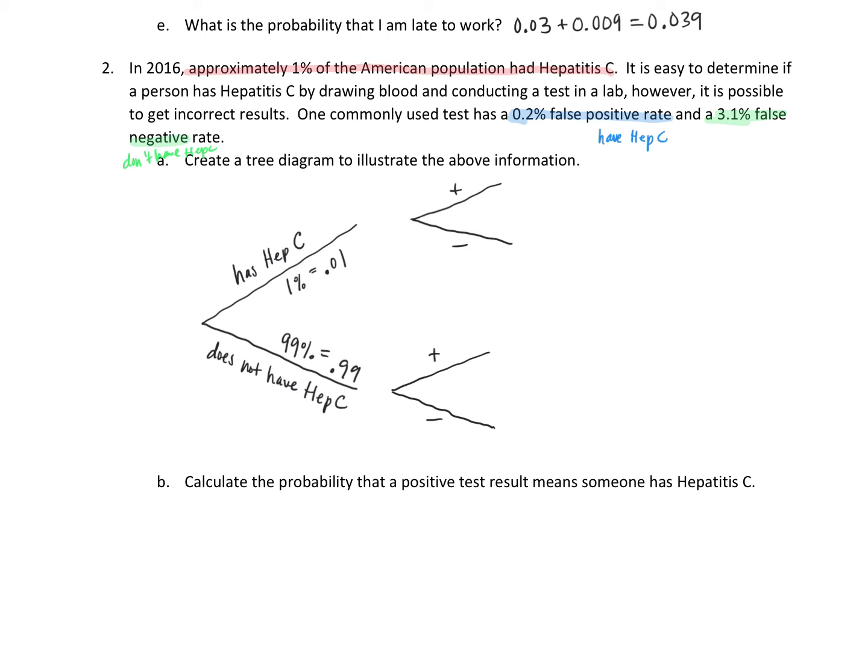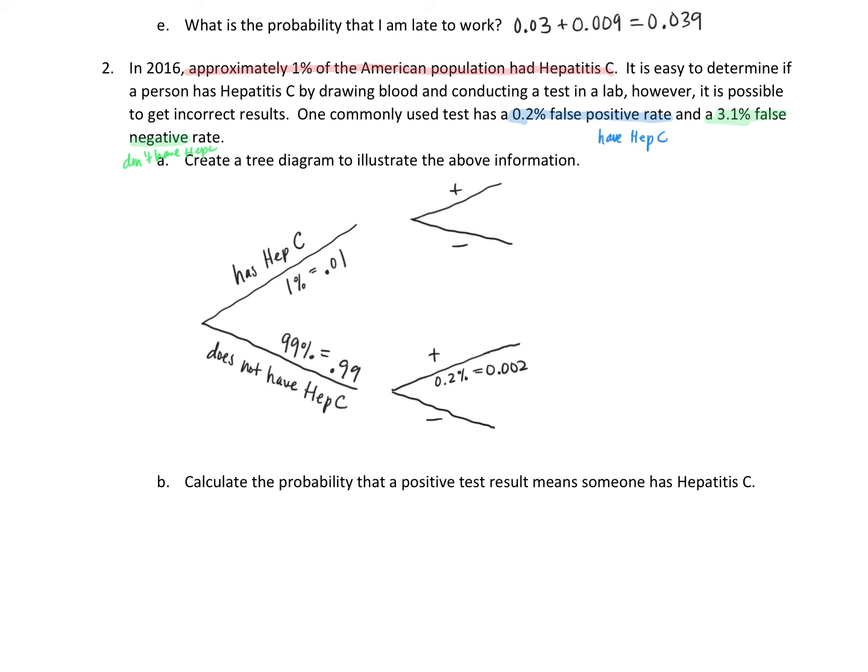So that's going to be down here, 0.2%, or if you change it to decimal form, 0.002. So this means you got a positive result, but it was false. You actually don't have hepatitis C. Okay? So it's always going to be the plus where you don't have it. A false negative means you got a negative result, but that's false. So it means you do have Hep C.